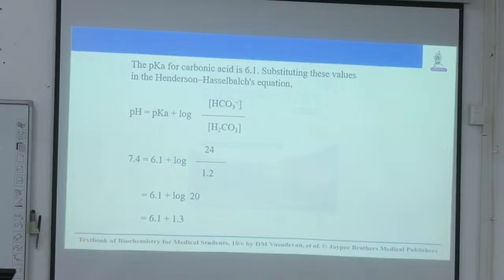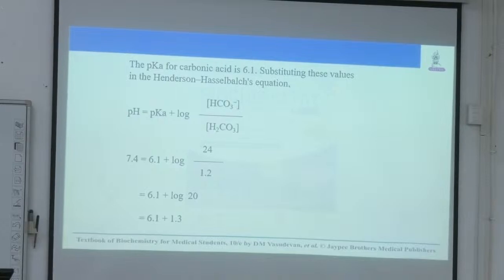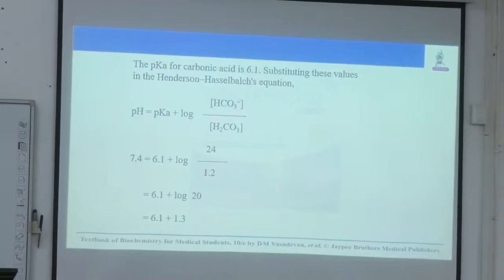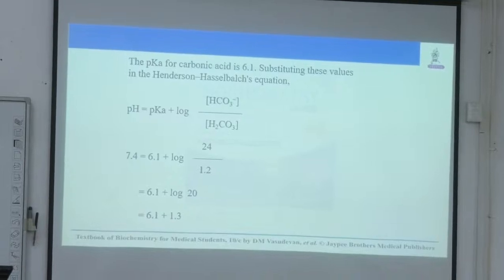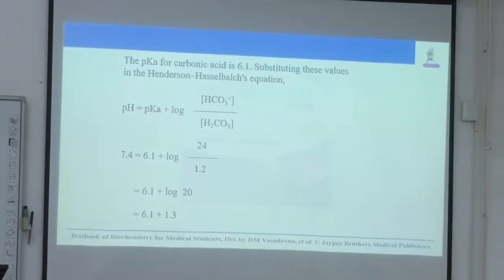Fine? And then one of these we will get from the instrument. Which one? Either of these. Some instruments measure this one, some measure that one. Mostly they measure this one. Fine?